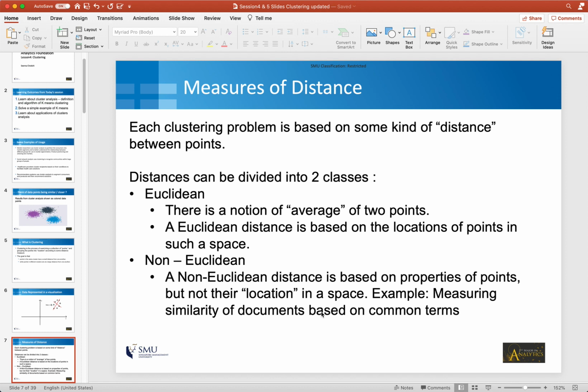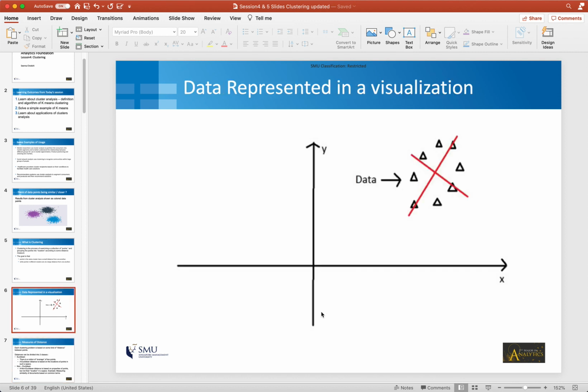We talk about Euclidean and non-Euclidean distances, and the main difference that you need to remember is that Euclidean distances are location based. Going back to this visualization, if you have two observations on this XY plot, you can find out the distance between those two based on their location.